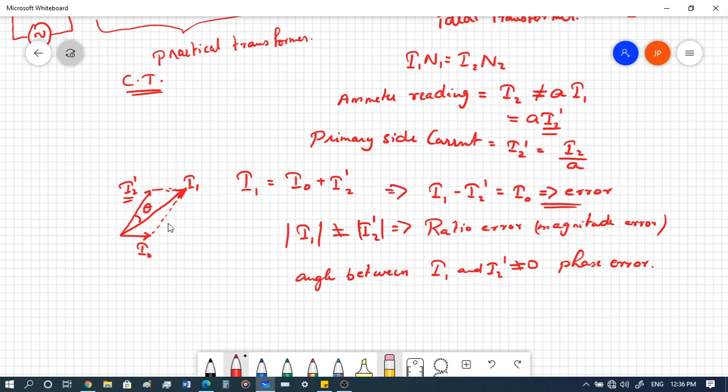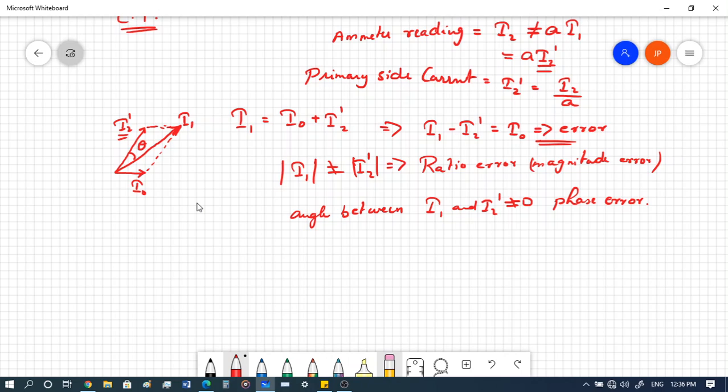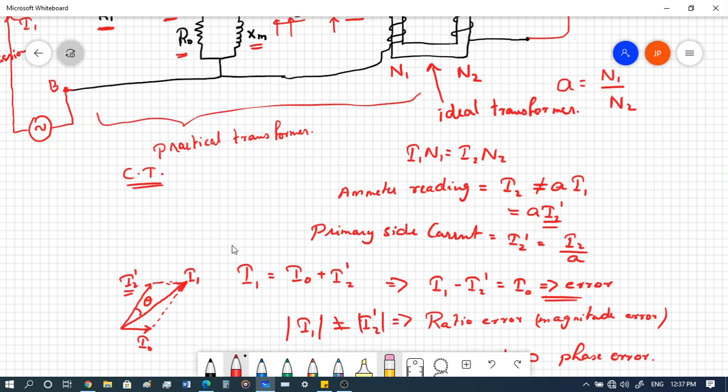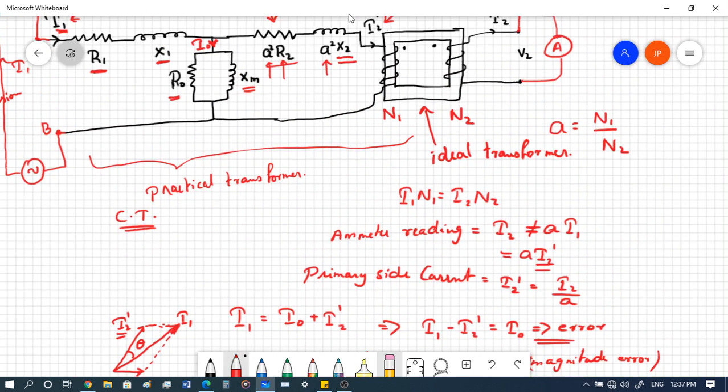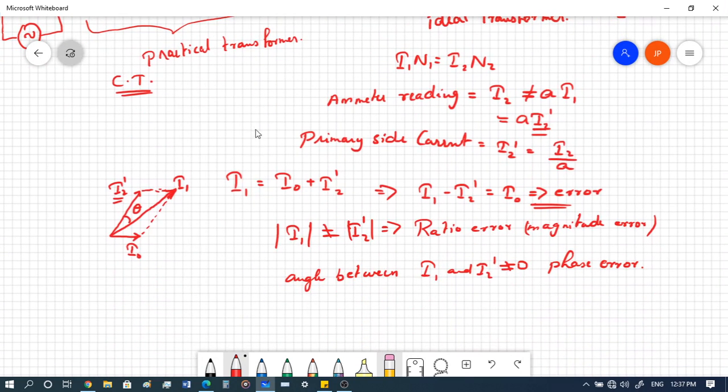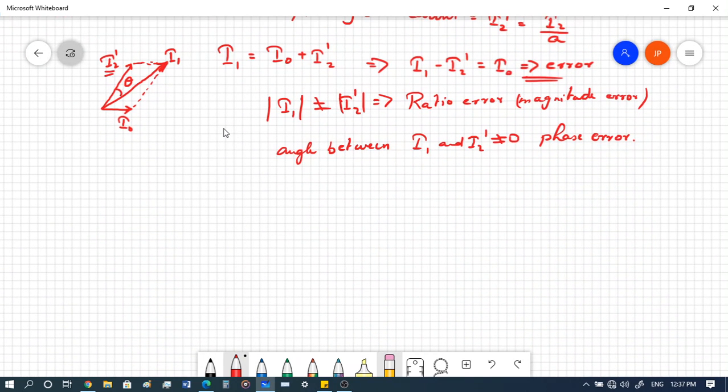Okay. Now how can we minimize this magnitude error? To minimize the magnitude error, we'll have to maximize the resistance, the R0 resistance in the circuit. If you maximize these two values, the permeability of the core also increases, and the core losses will be low.